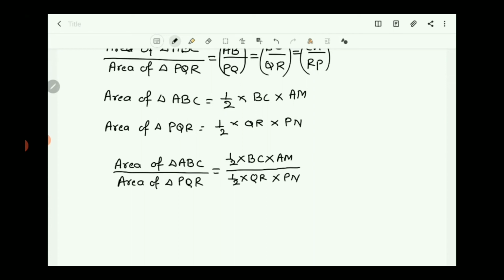Now here half cancels. What you are going to get? That is BC into AM by QR into PN here. So you consider this as the first ratio you got in terms of the product, BC into AM by QR into PN.